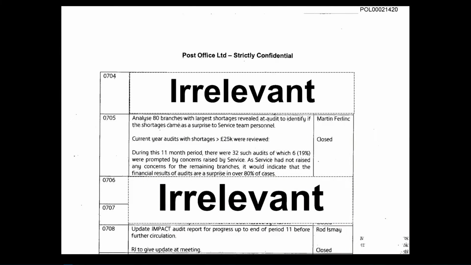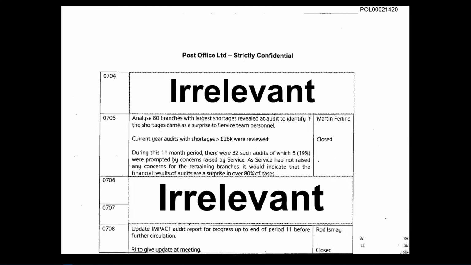But as I've touched on before and you've highlighted, I think there needed to be greater analysis done. One of the things that I feel was missing, perhaps, was to look at sort of post-event analysis. What I mean by that is, if we have a branch where a sub-postmaster is accumulating losses week after week after week, and that results in their suspension, and someone else takes over the branch, I think there was a big gap to look at the branch performance with the new person in charge.